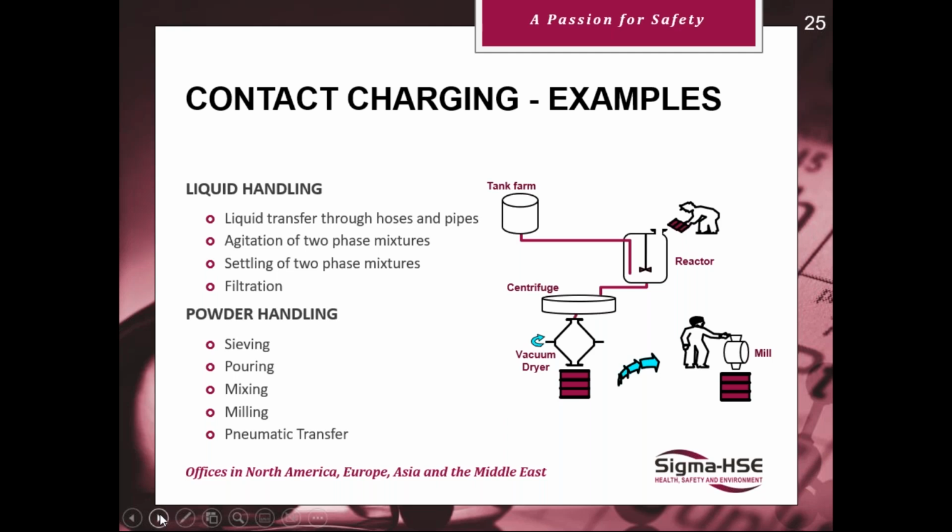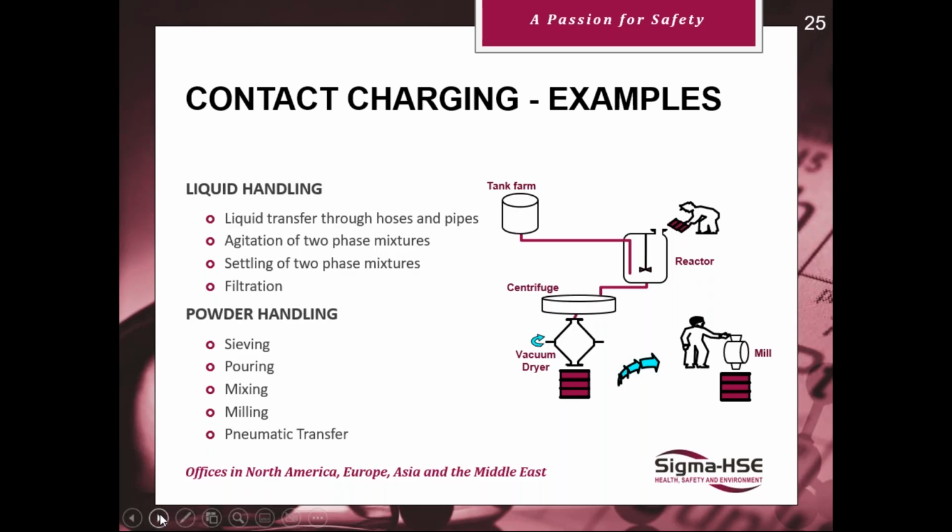So contact charging examples, we have a tank farm, we have a reactor coming out to a centrifuge, a vacuum dryer, in a mill before bagging. So looking at the liquid side, we have a liquid transfer through hoses and pipes, agitation here in the reactor of a two-phase mixture, settling of the two-phase mixture through the centrifuge and the vacuum dryer, filtration before you bag it.